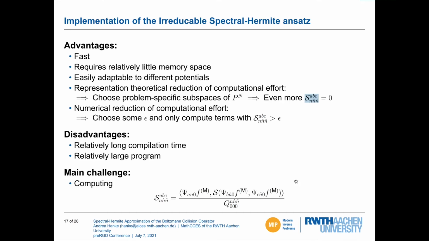The other reduction is a numerical kind, which is relatively easy to explain. You choose just some epsilon, a relatively small number, and only compute those terms with s being bigger than epsilon.